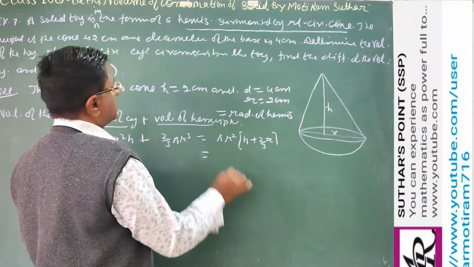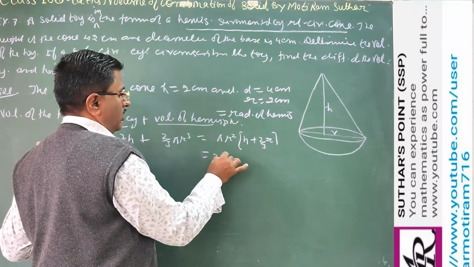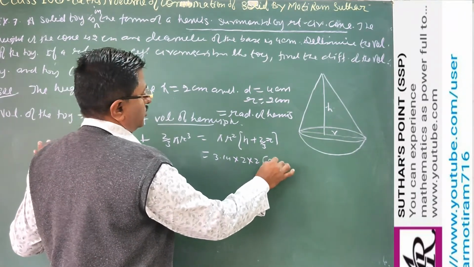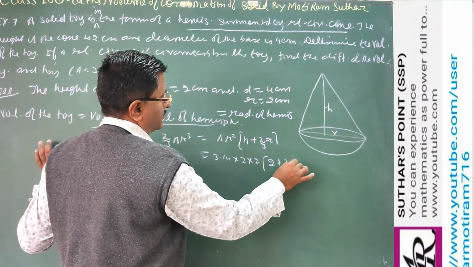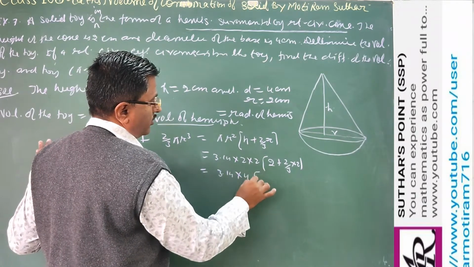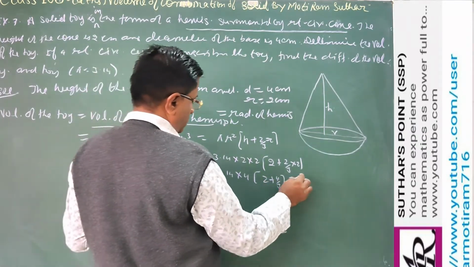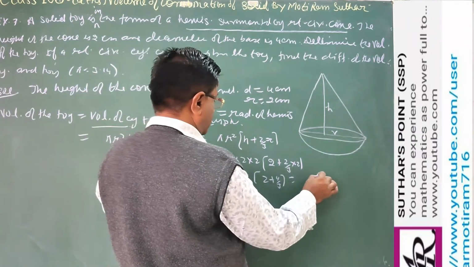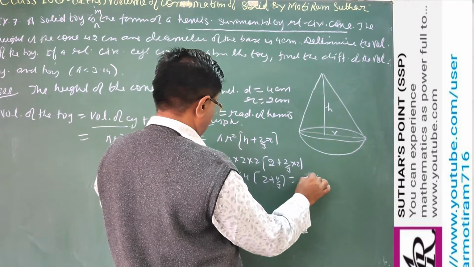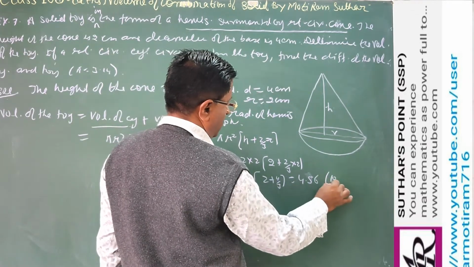For easy calculation, take pi as 3.14, and radius is 2 and height is also 2. So simplify: 3.14 into 4, then 2 plus 4 by 3, which is 6 plus 4 by 3, that is 10 by 3.